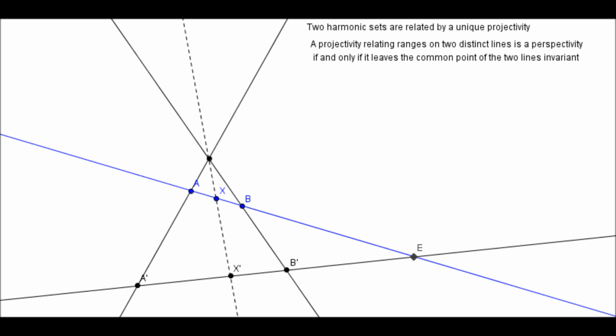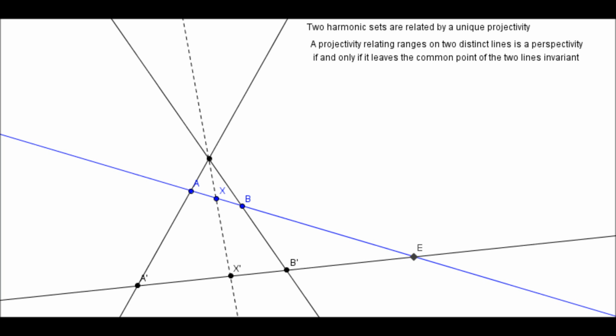So it's pretty obvious that a perspectivity from one line to another is going to leave the intersection point of those lines invariant. But it's not quite so obvious that if you have a projectivity and you know that it leaves the common point between the two lines invariant, then it will be a perspectivity. But it can be shown as it's a fairly fast consequence of the fundamental theorem of projective geometry.